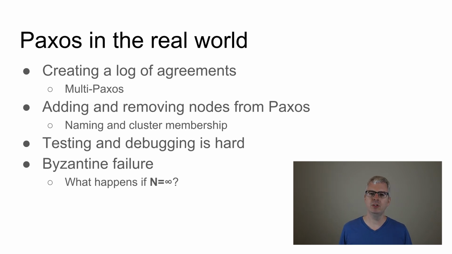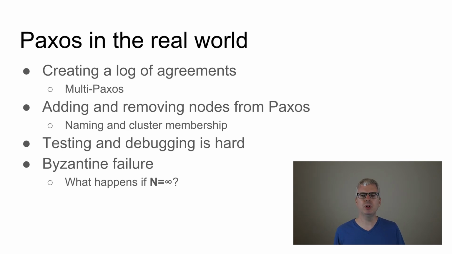Creating this usually involves creating a log of agreements. You've agreed upon one transaction, then you agree on the next transaction, and so on. How you go about doing this is described in the paper in an algorithm called multi-Paxos, which is a fair bit more complicated than the simple 4 messages and 2 roles that we have in our basic Paxos algorithm.